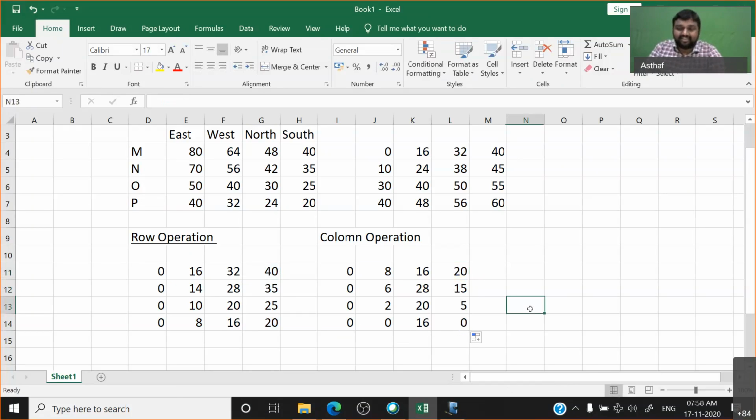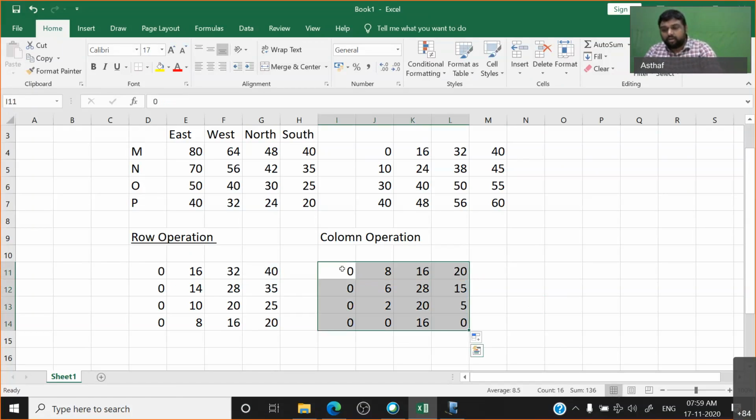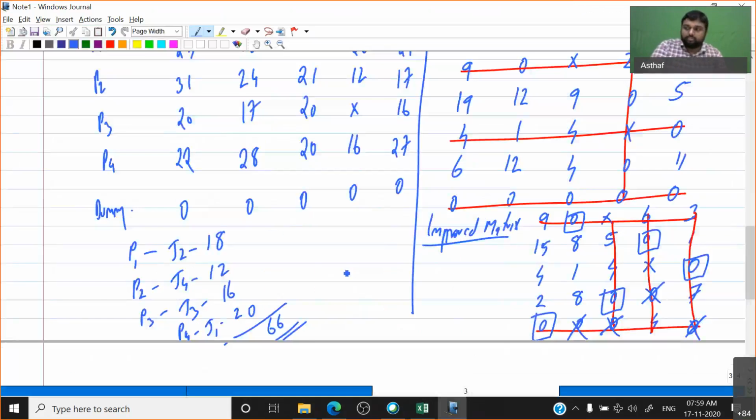See how interesting. So we got the row operation and the column operation. Now what do we have to do? We have to go with the optimality test.